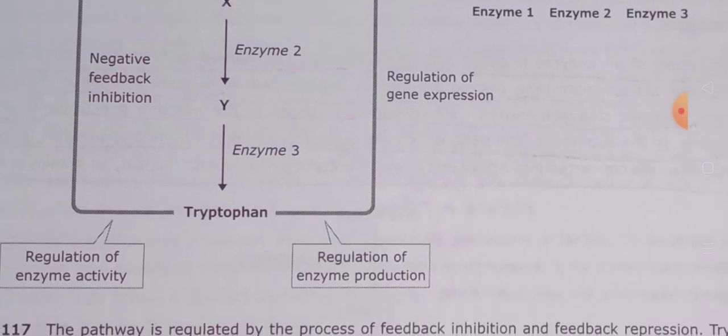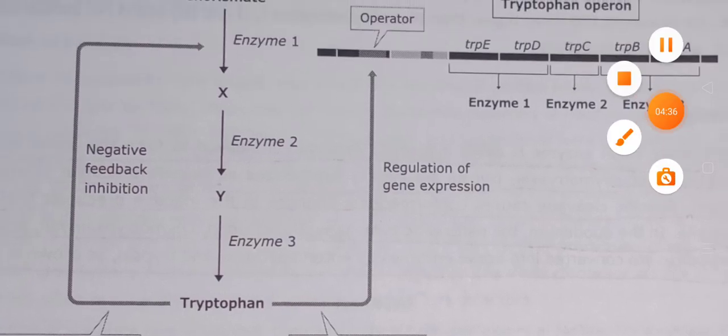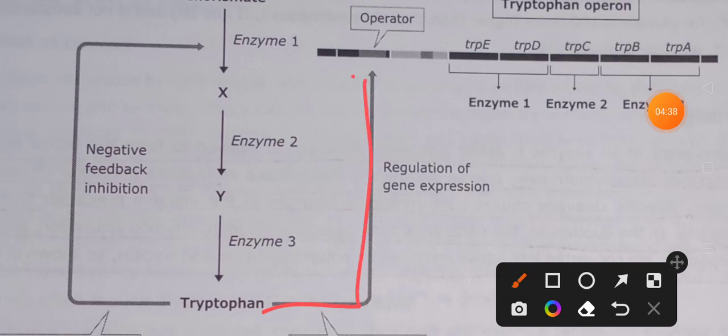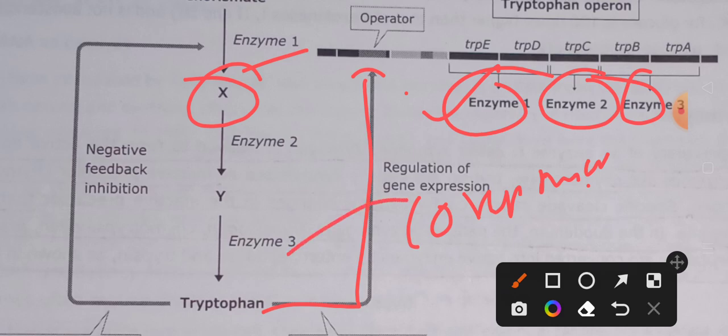So when tryptophan is produced in more amount than needed, the excess tryptophan will bind with the operator as a co-repressor and prevent the synthesis of the enzymes. As a result, enzyme 1 cannot be synthesized, production of X will not happen, and that will facilitate the inhibition of further production of tryptophan.